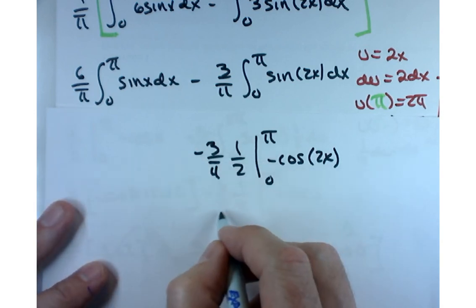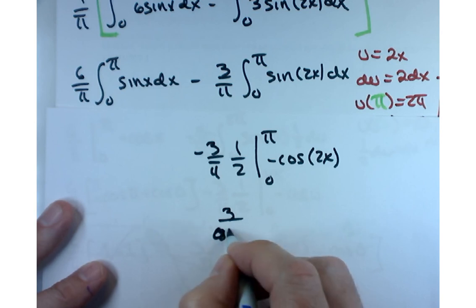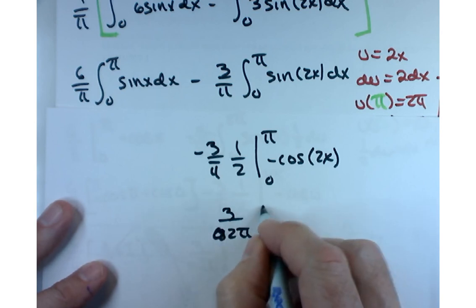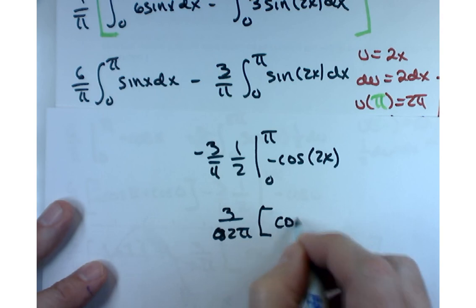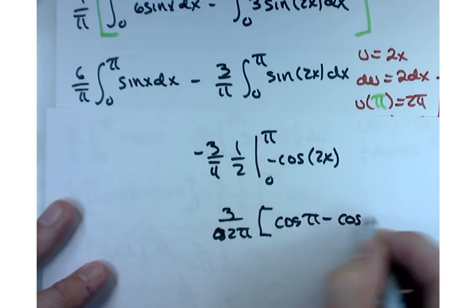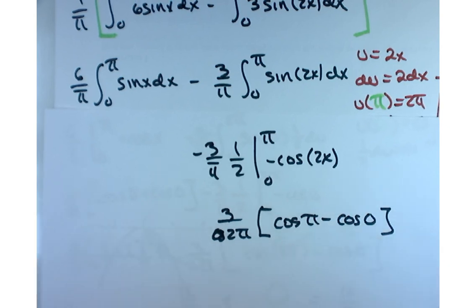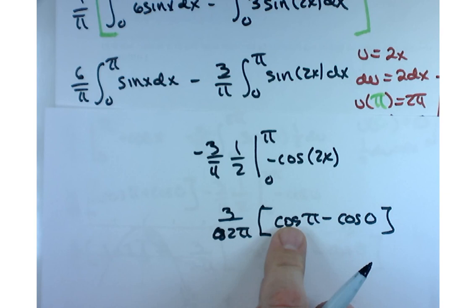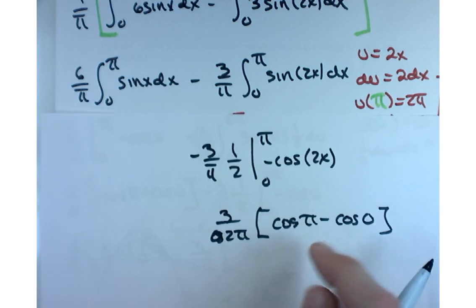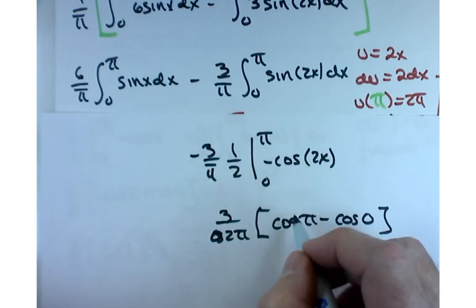You end up with 3 over 2 pi. And then the cosine of pi minus a cosine of 0. Let's see, does that work out right? Something, I'm off by a factor here. Should be 2 pi. Yeah, to be 2 pi.